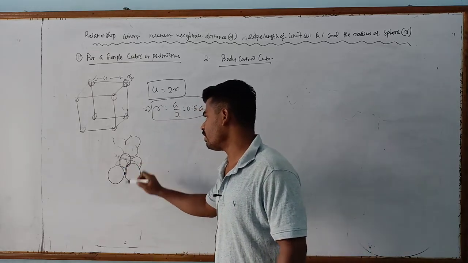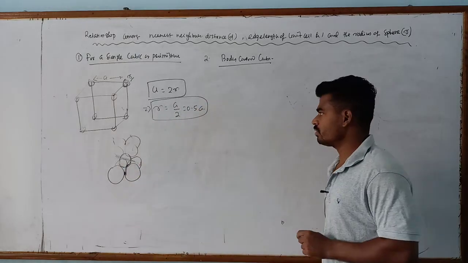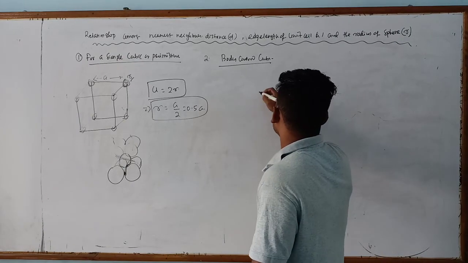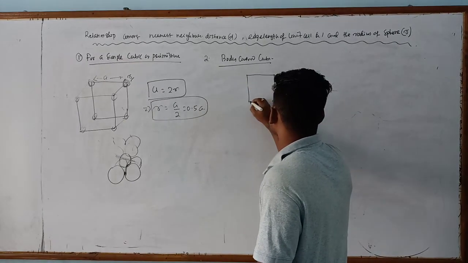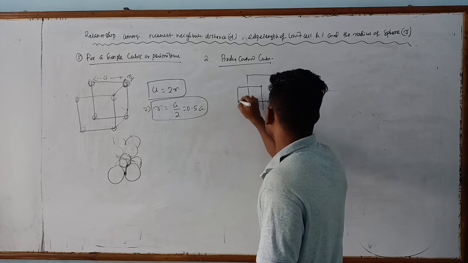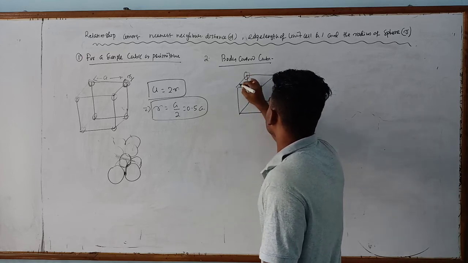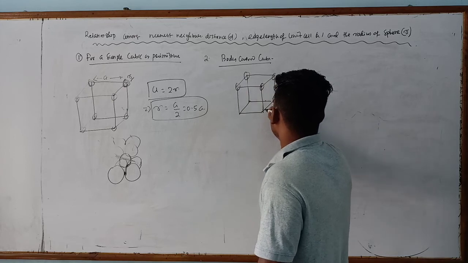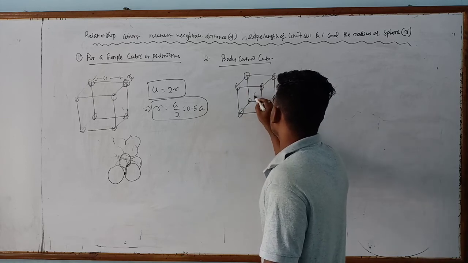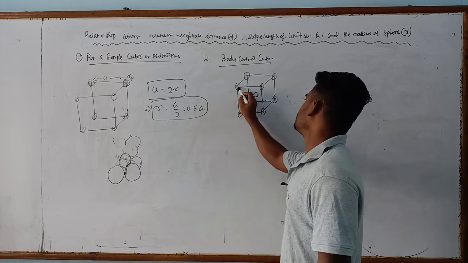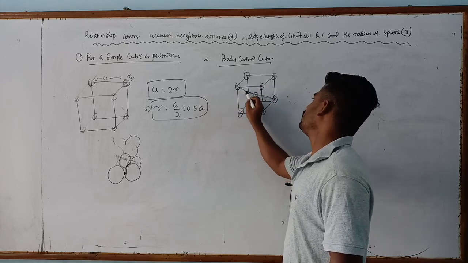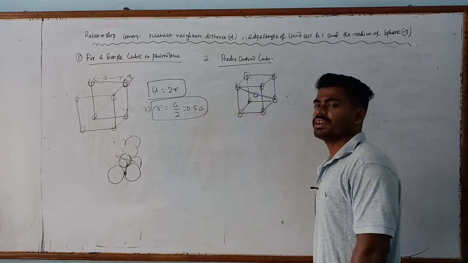So they are body diagonally connected to each other. Particles are at the corner and another one at the middle.